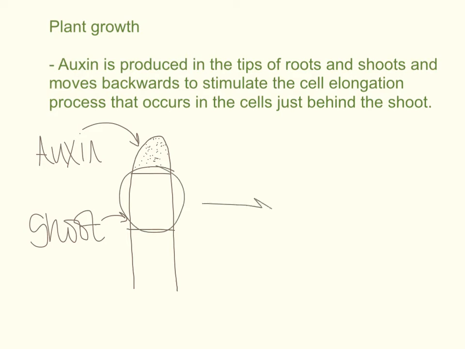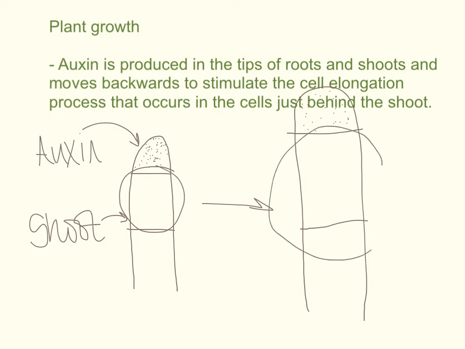So what we end up with is a taller shoot. The auxin will again accumulate at the tip of the root, but it is this section here that has grown via cell elongation.